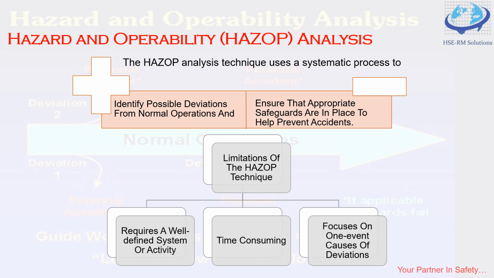This detailed analysis process requires a substantial commitment of time from both the analysis facilitator and other subject matter experts such as team members, the operators, engineering personnel, equipment and vendor, all of them. So it is basically a time consuming job.